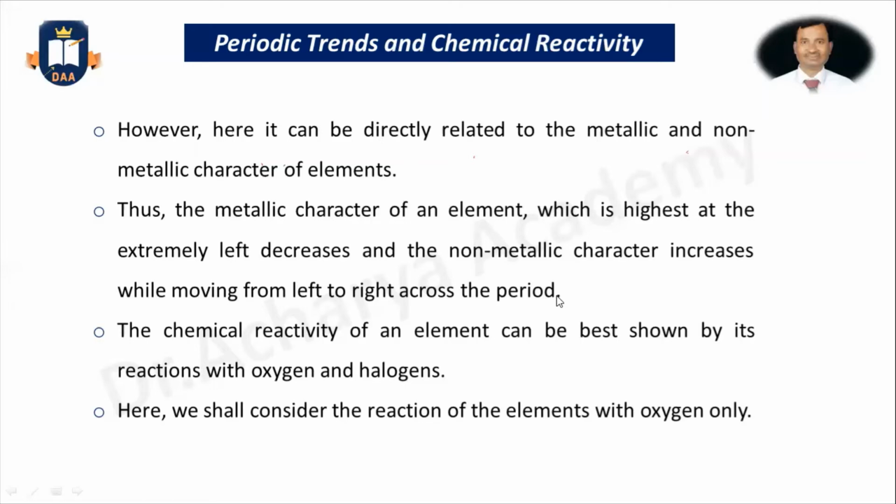It means that on the extreme left side, consider period number 3, sodium, its metallic character is highest. But when we move across this period from left to right, on the extreme right side in period number 3, what is the element there?